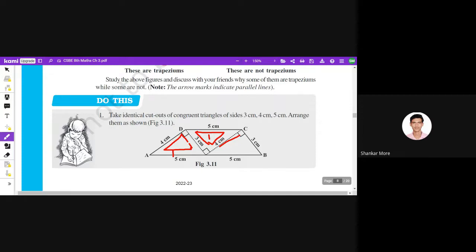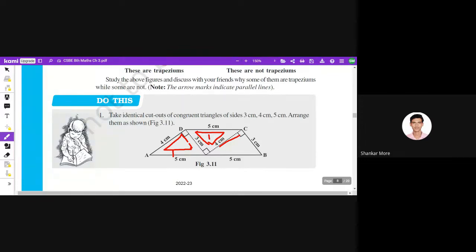Okay, I would highly recommend you do this after this class, because it will be really interesting for you. You have to cut three triangles out of a piece of paper, and then you have to arrange those three triangles and try to make a trapezium. Okay, so that is the activity.